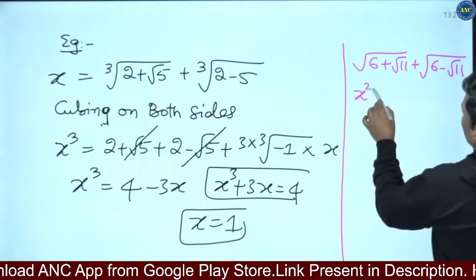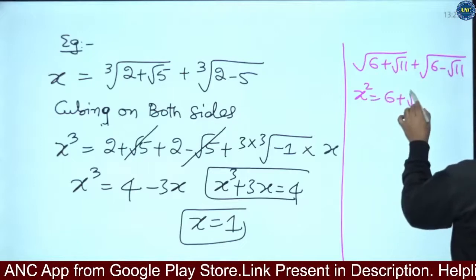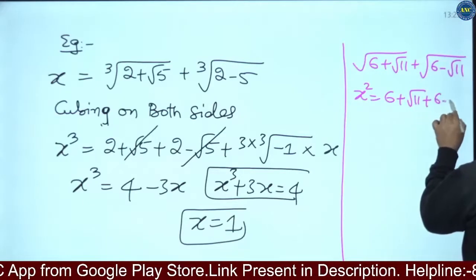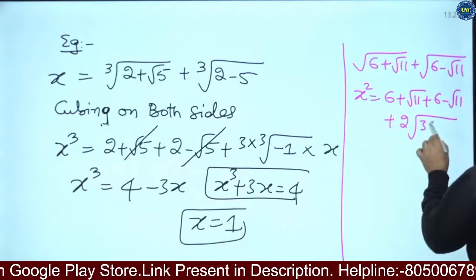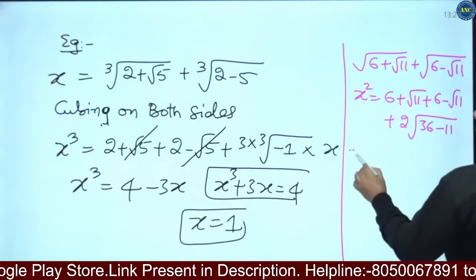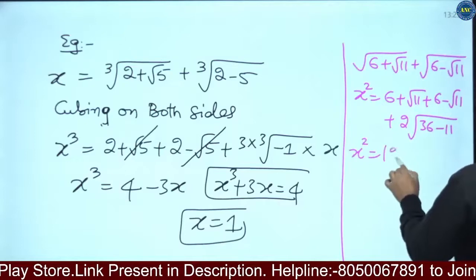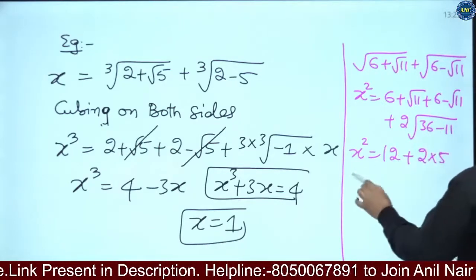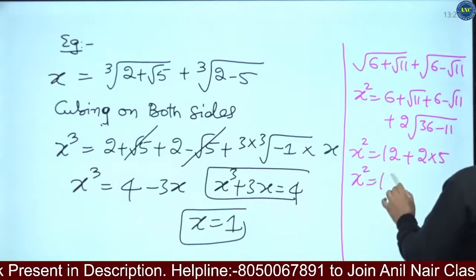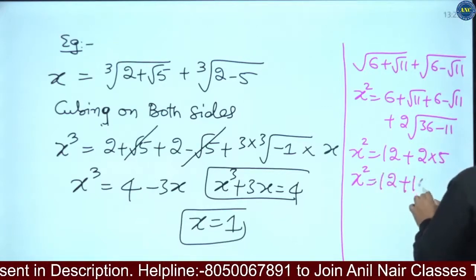If I square it, a square plus b square plus 2ab, 2 into 36 minus 11. So x square equals 12 plus 2 into 5, which is 10. So x square equals 12 plus 10.